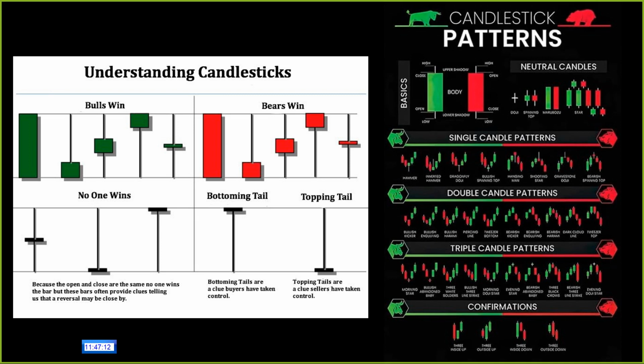After 9:45, 10 o'clock every day, the market's pretty much done. If you don't make your money, price action is going to tell you, hey, we're just trading sideways. We're stuck in between the 5-minute opening range, or we're stuck in between the pre-market high and low.